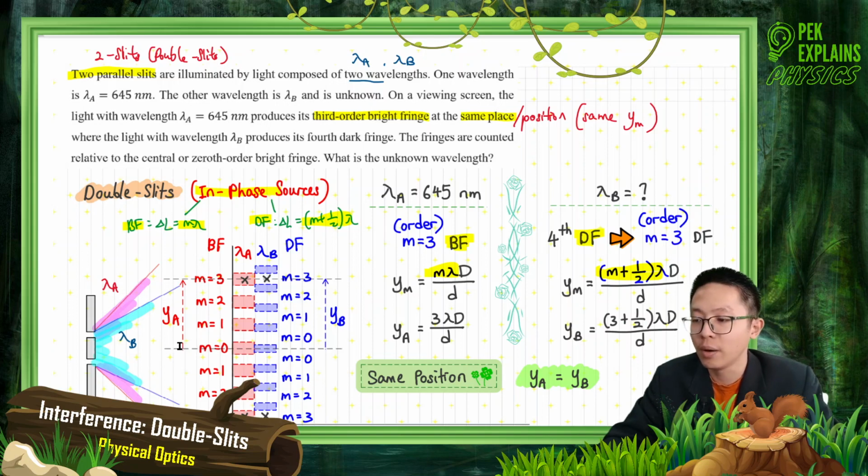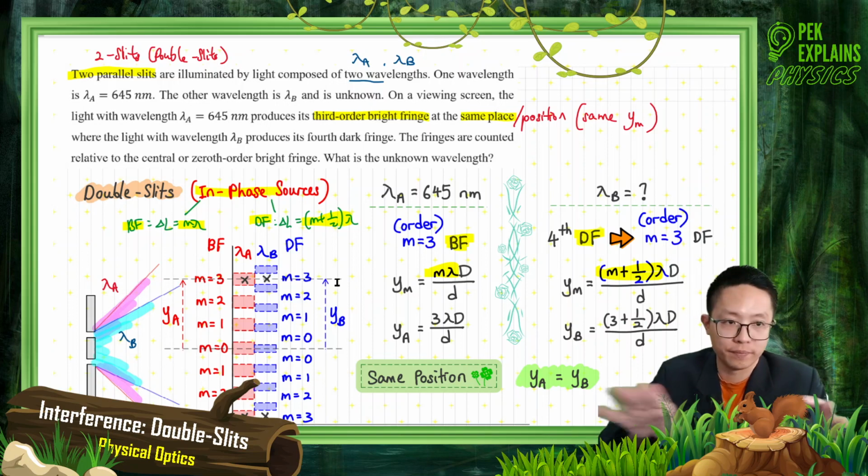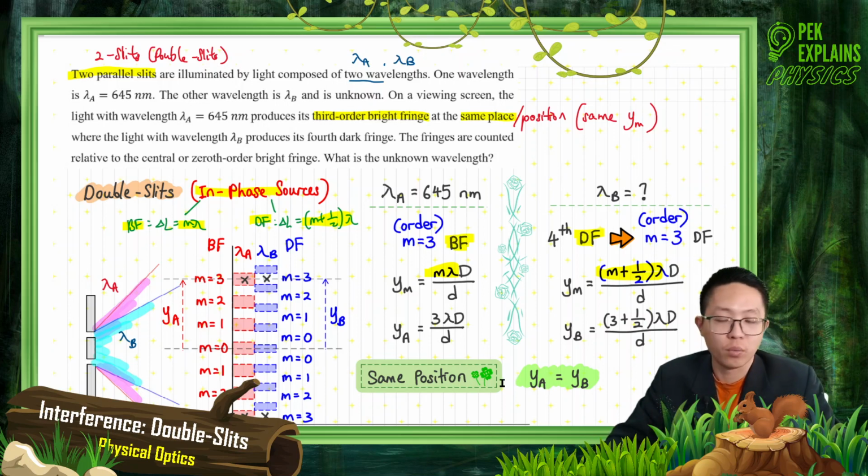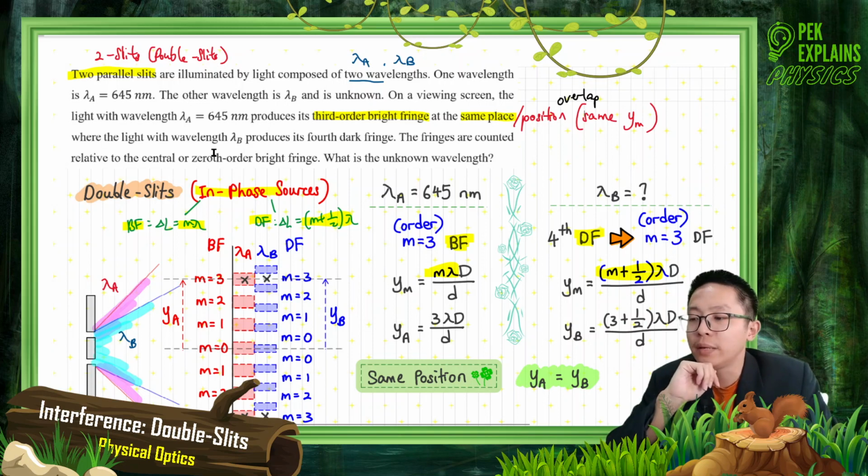You see that I say yA and yB are equal. Same position means yA equals yB. Sometimes they use the word overlap. Overlap with each other also means same position, where the light with wavelength lambda B produces the fourth dark fringe.